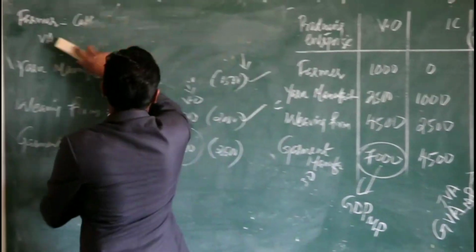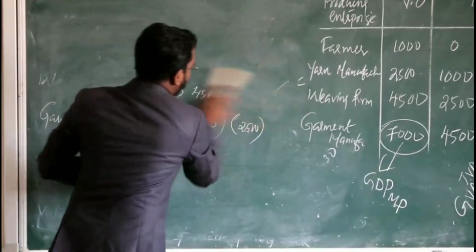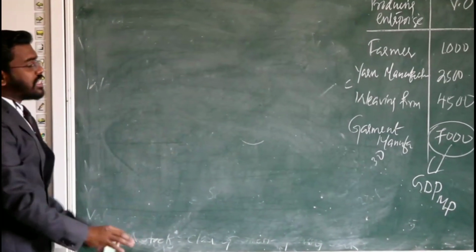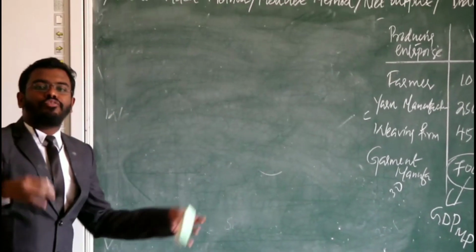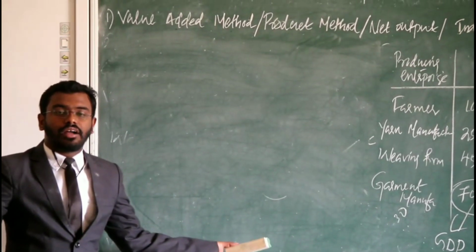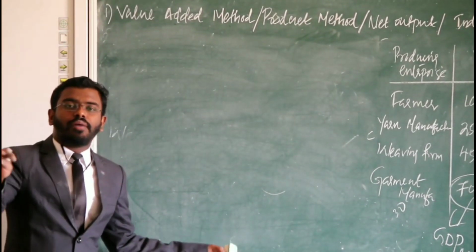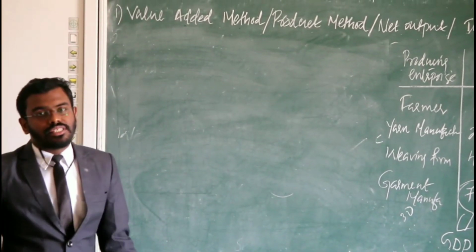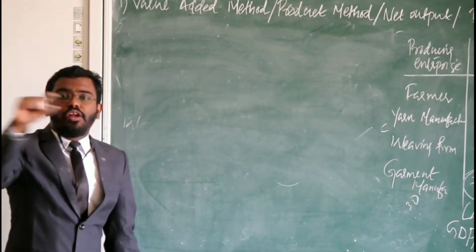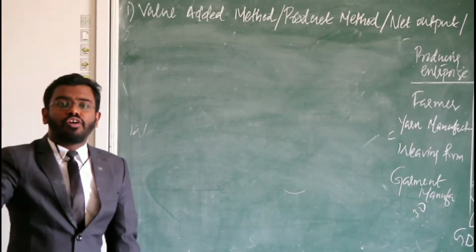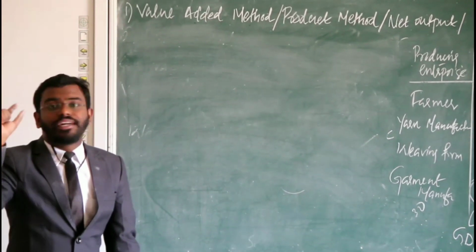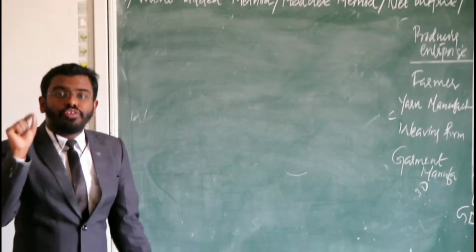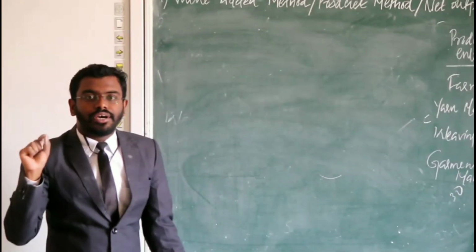And now we can estimate our national income. Listen carefully. Firstly, we need to add the value added of each and every producing sector. We are assuming that in an economy there are three sectors: the primary sector, secondary sector and tertiary sector. Now we need to add the value added of primary sector, value added of secondary sector and value added of tertiary sector. How can we calculate value added? Value added is equal to value of output minus intermediary cost.